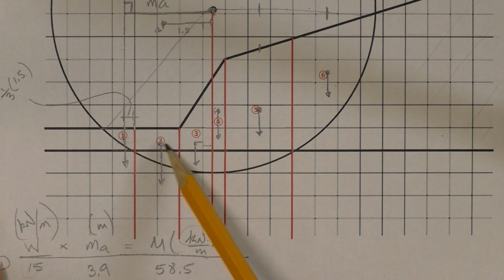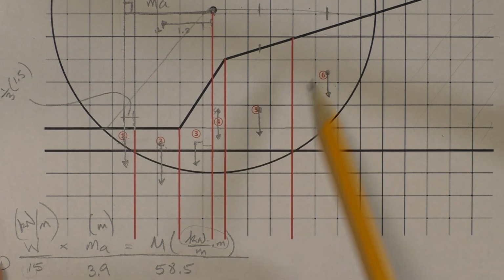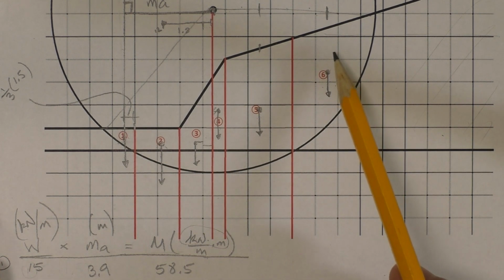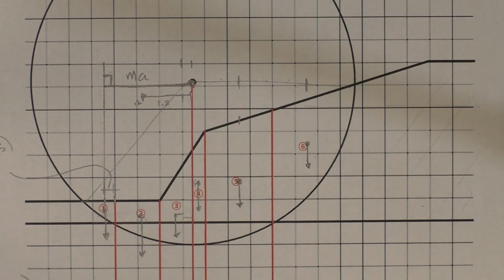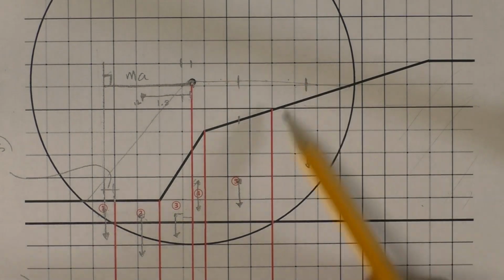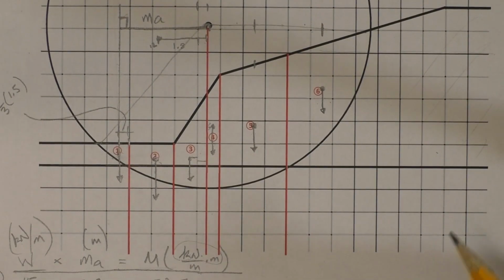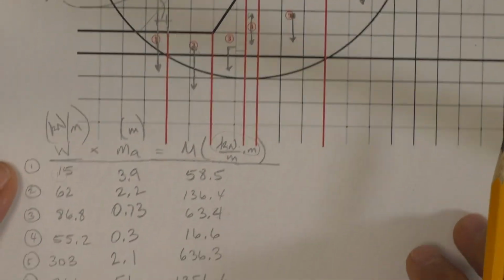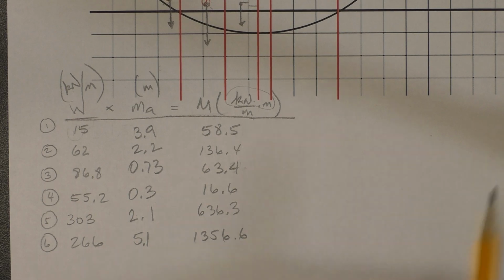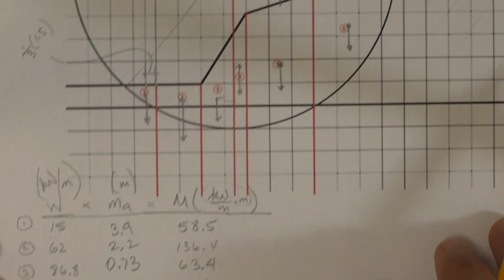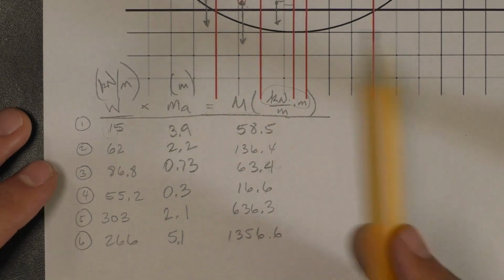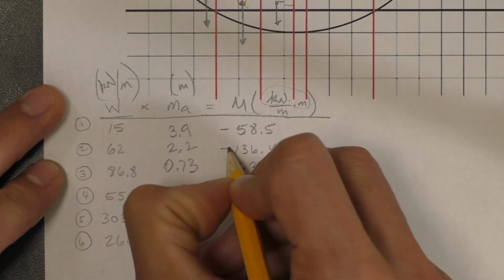Because if you remove the resisting ones, the driving ones will fall in the direction of the anticipated landslide, which is to the left, right? Okay, what does that mean in terms of the numbers? That means that we have to assign negative values to slices 1, 2, and 3 because they are resisting.